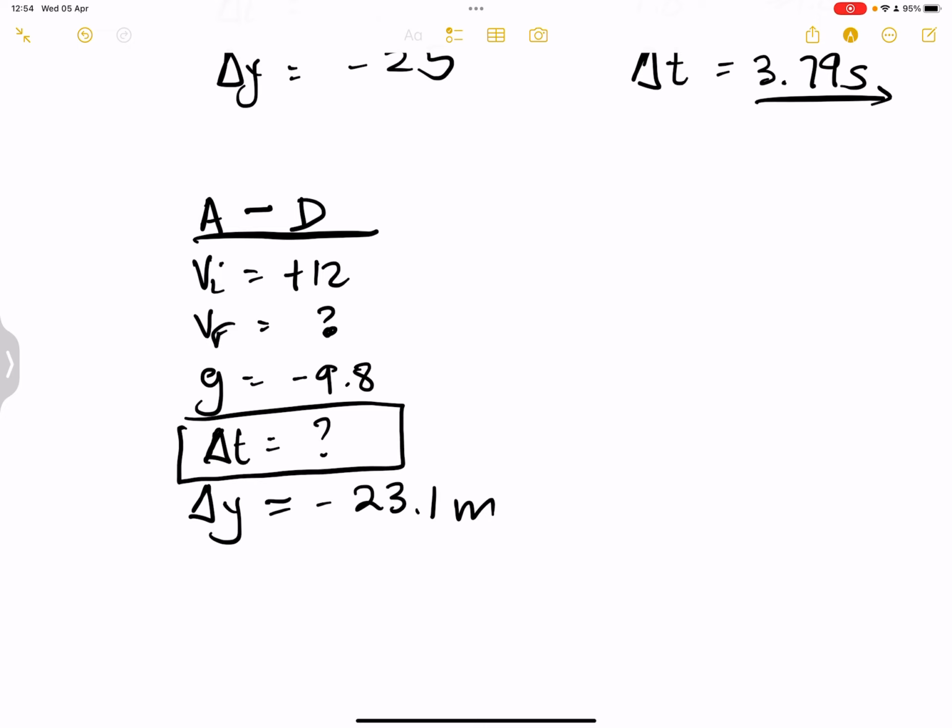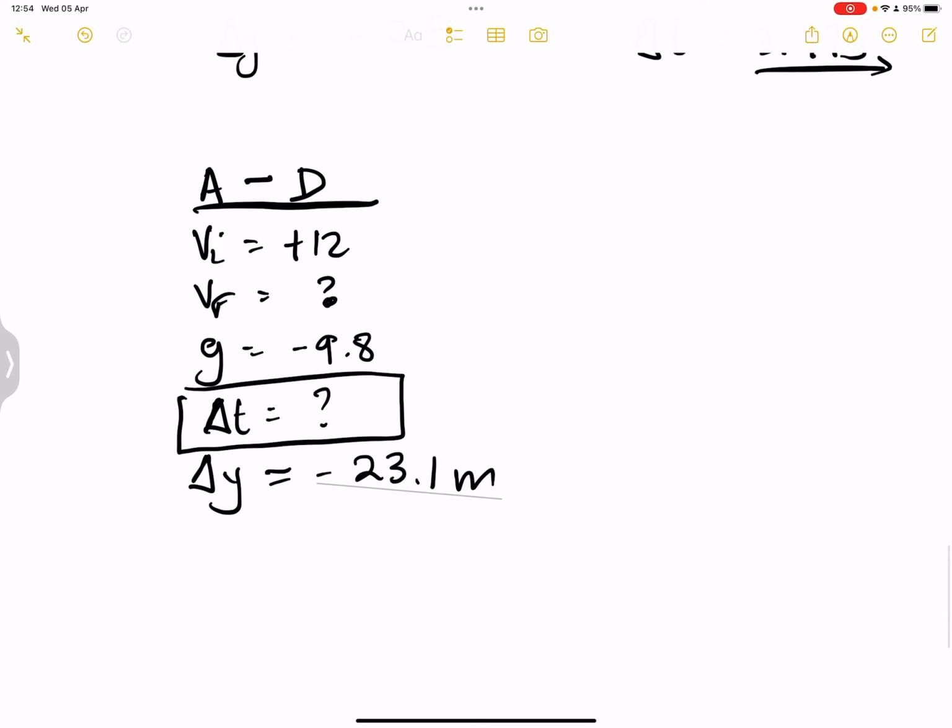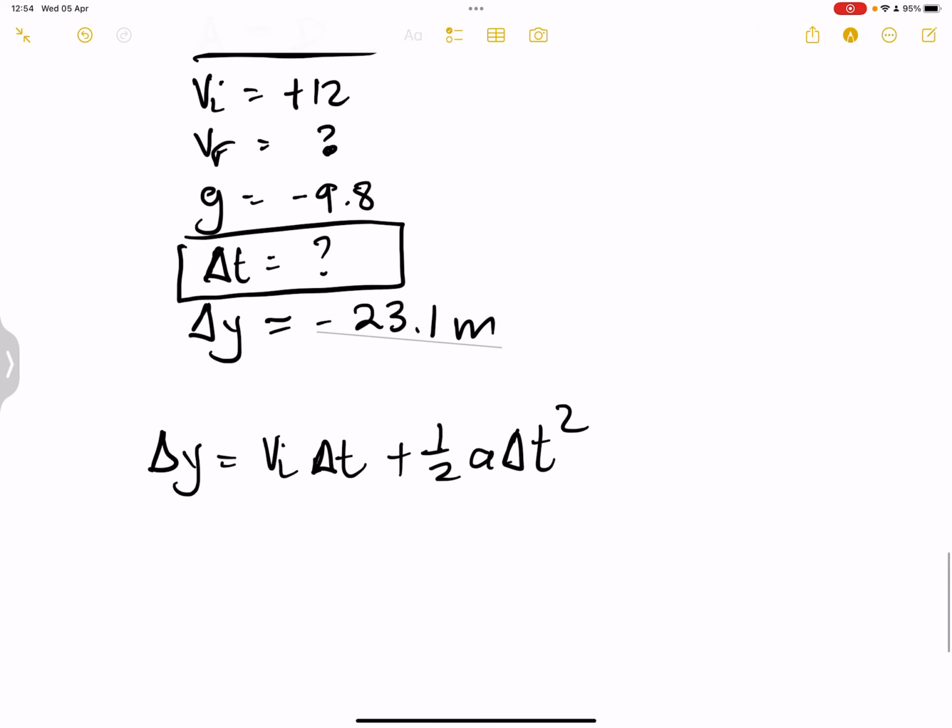And what do we not have? In this case, we don't have the final velocity. So what we can do is delta y equals Vi delta t plus 1 over 2 a delta t squared. So our displacement is negative 23.1.